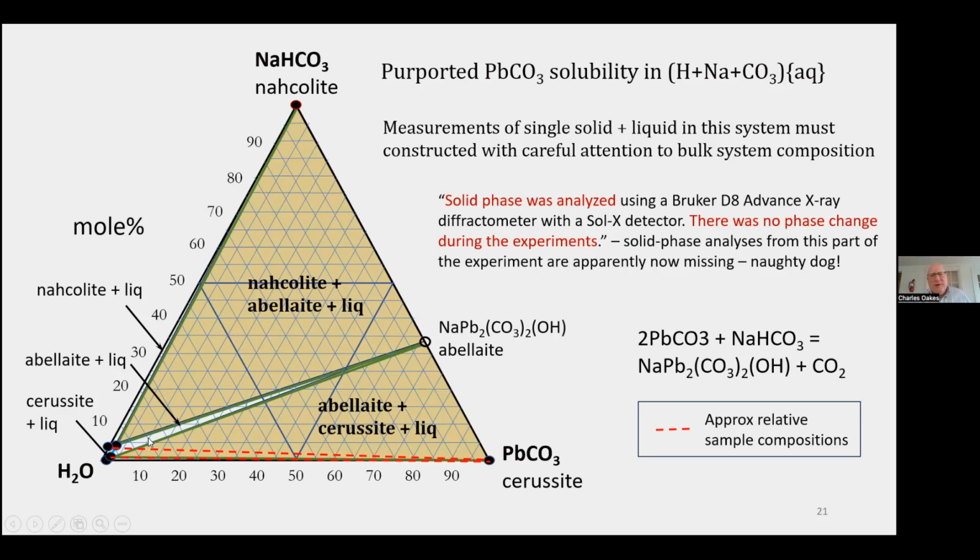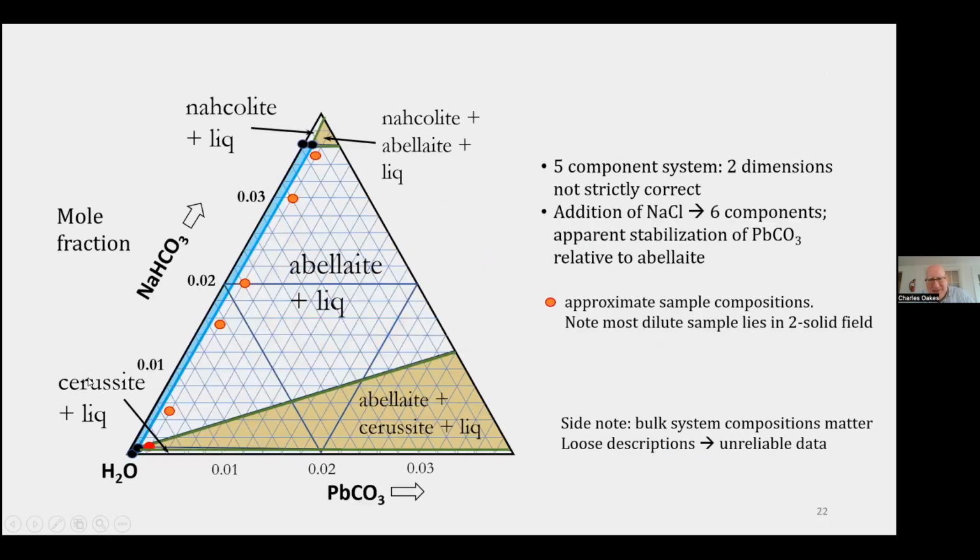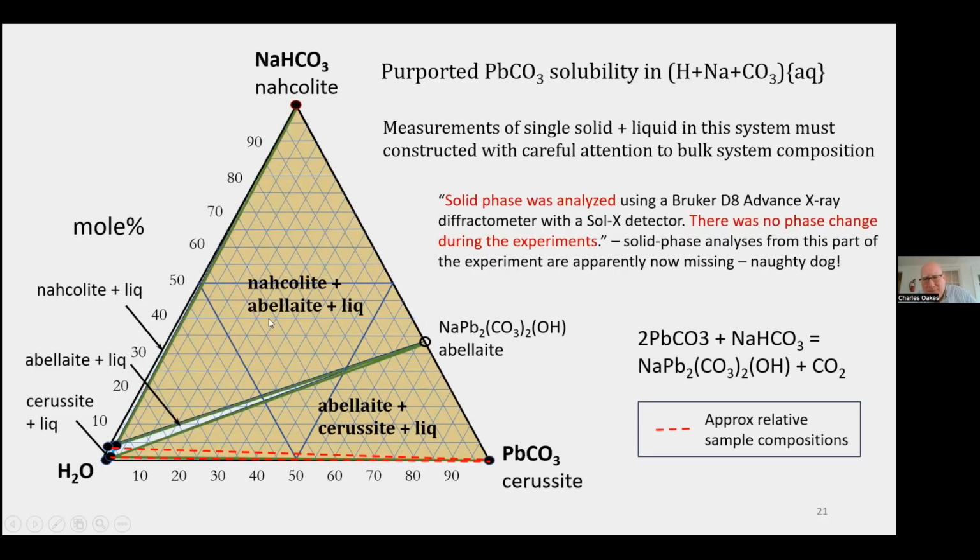We don't know exactly how far into the interior any of these things go, but given how close these things are to the apex and kind of common sense, it makes them small. So most of this phase diagram, this is mole percent, goes out to 100% of each one of these things. Most of the area in this phase diagram should be two solids plus liquid.